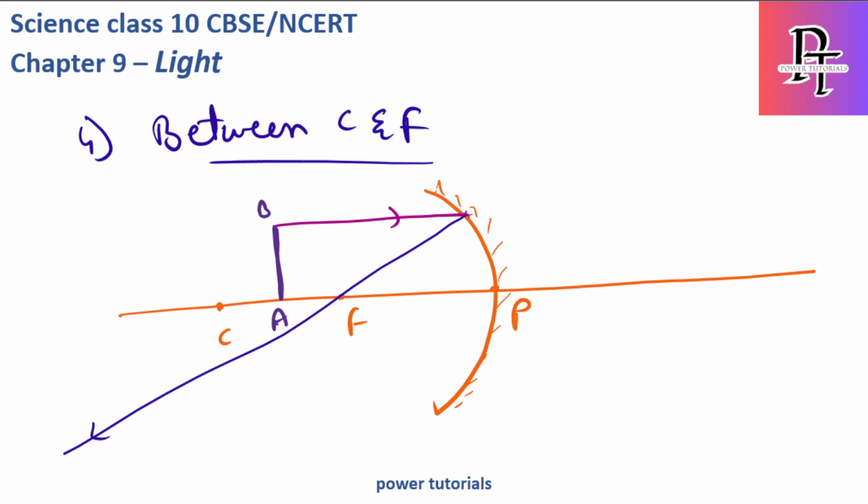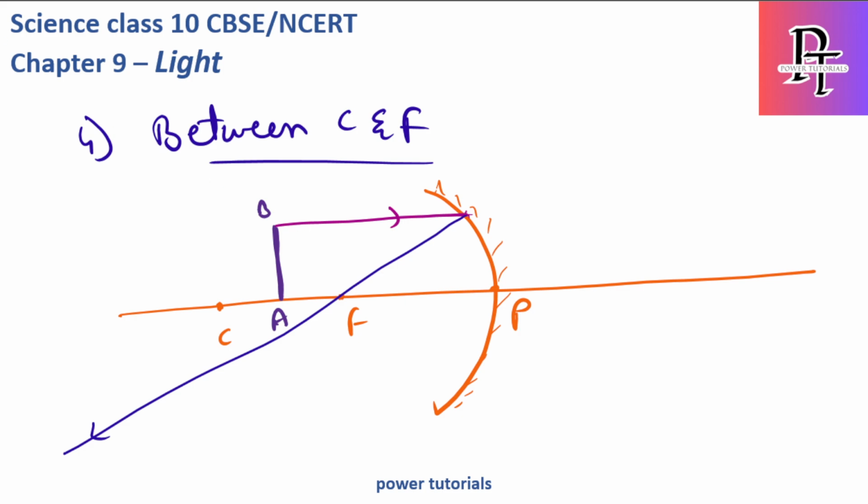Okay, so for the second ray you can also take one passing through focus, but if I do that, it comes from the bottom and gets reflected. You can do it this way, but in the textbook what they followed is a ray passing through the center. Let's also follow the same method.